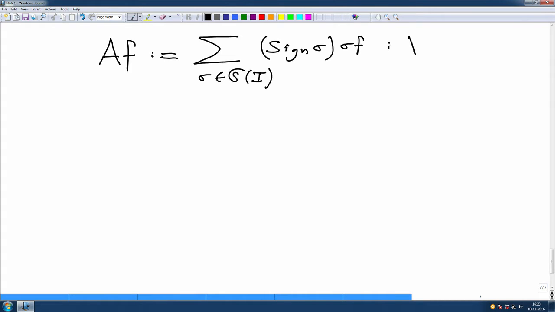This is a map from V^n to k. All these sigma f's are multilinear, so this sum is multilinear. So AF is definitely multilinear, and we proved AF is actually alternating.